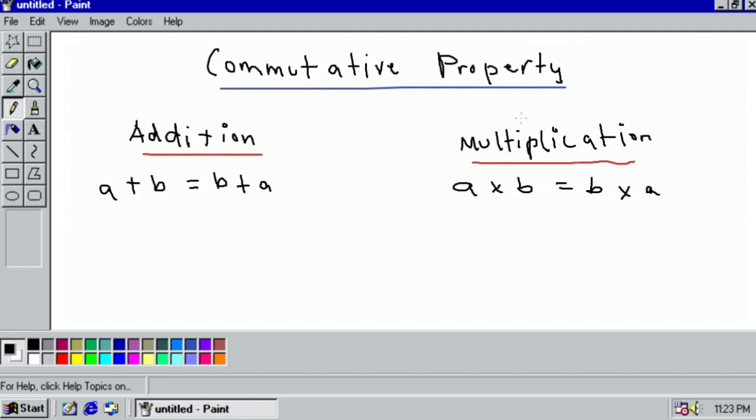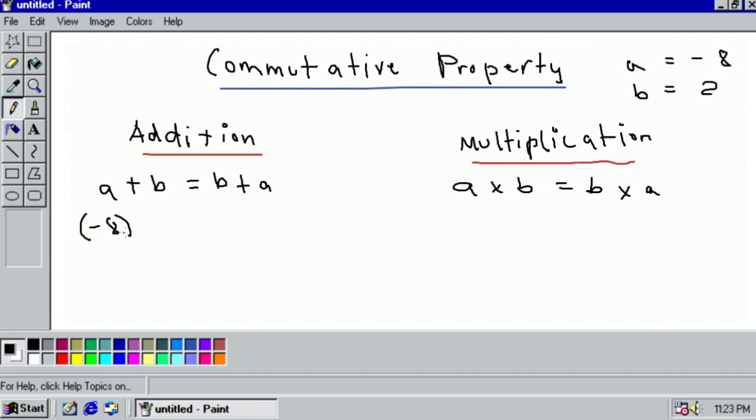Okay, so let's give the variables a value so we can understand this property even better. Let's have a as -8 and b as +2.